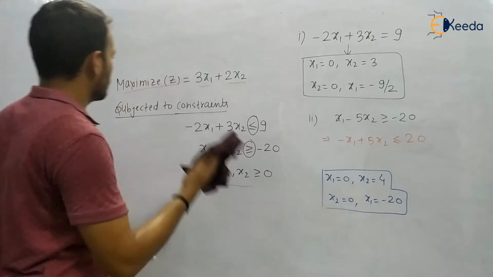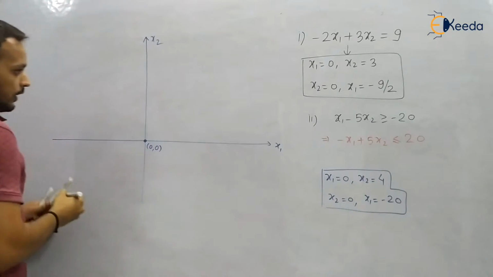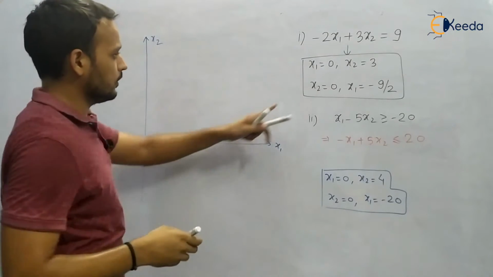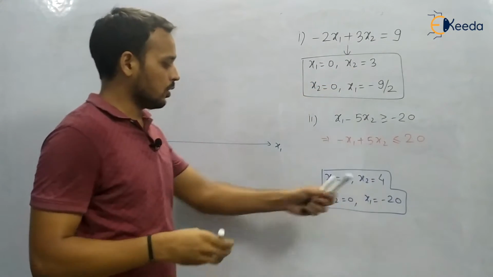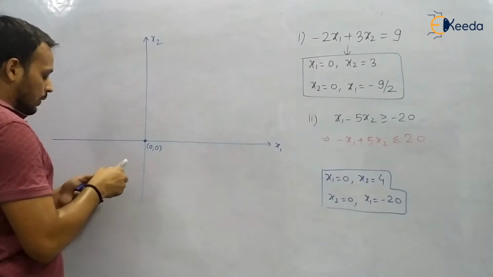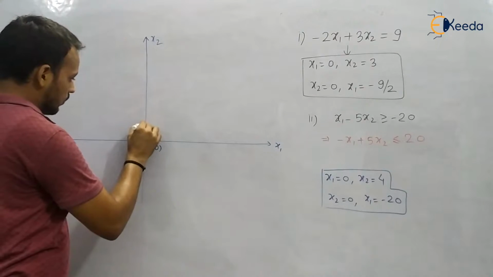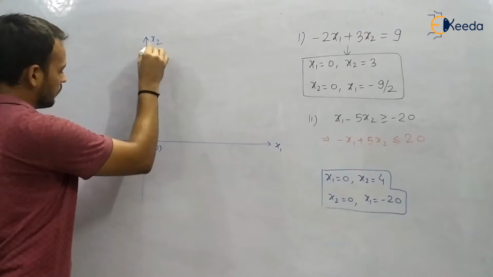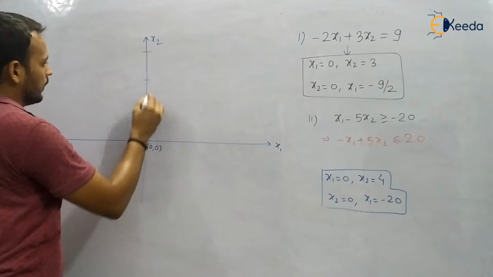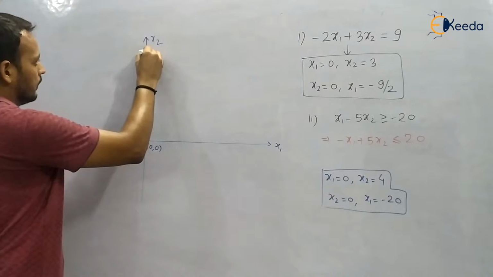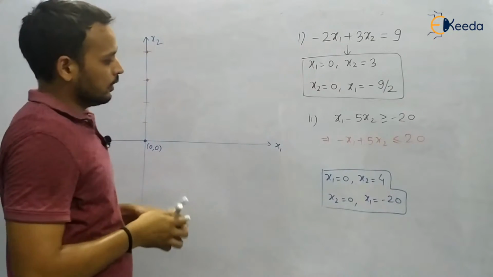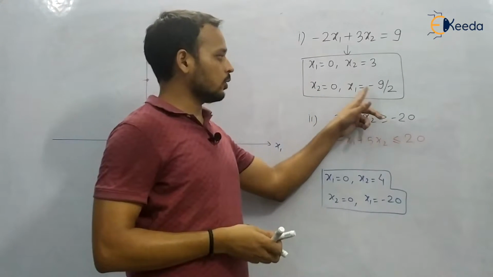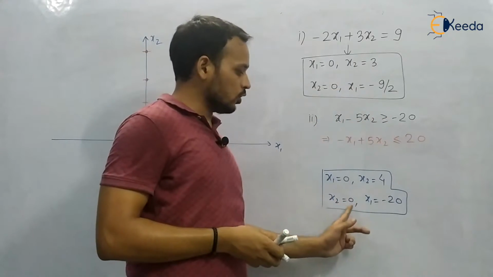So just try to plot it. The first points are (0, 3) and (0, 4). On the y-axis, we are taking the scale of 1, 2, 3 and 4. This is 3 and this is 4, and we have to plot on negative x: (-9/2, 0) and (-20, 0).